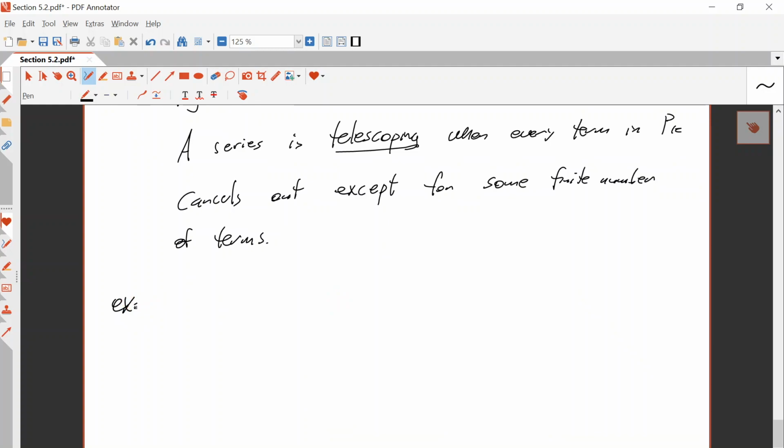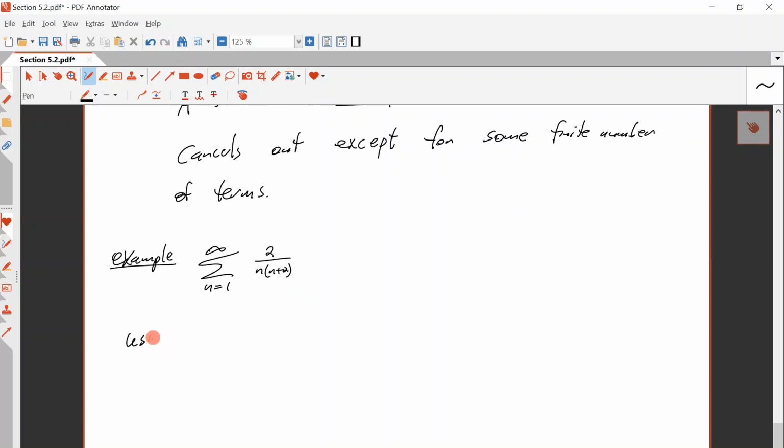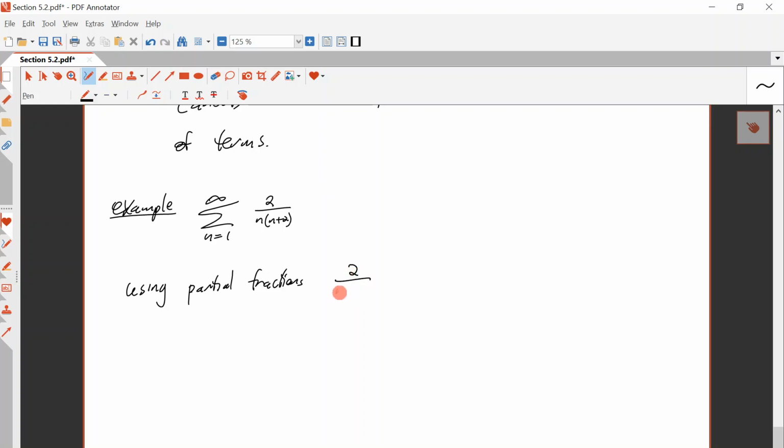Alright, so here's another example. The sum n equals 1 to infinity of 2 over n times n plus 2. Using partial fractions, so here's partial fractions again. 2 over n times n plus 2 is equal to a over n plus b over n plus 2, which is equal to a times n plus 2 plus b times n over n times n plus 2.